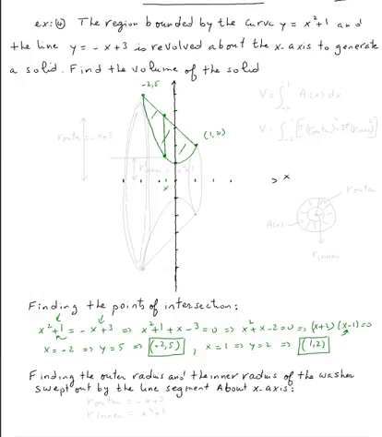So the washer has two radii. This one is the inner radius, R inner, and this one is called the outer radius. Once we find R inner and R outer, the rest is pretty easy.